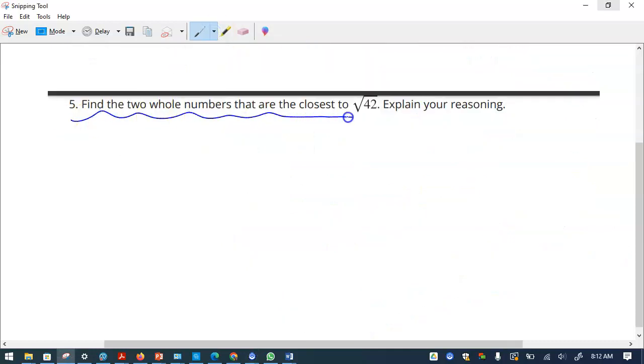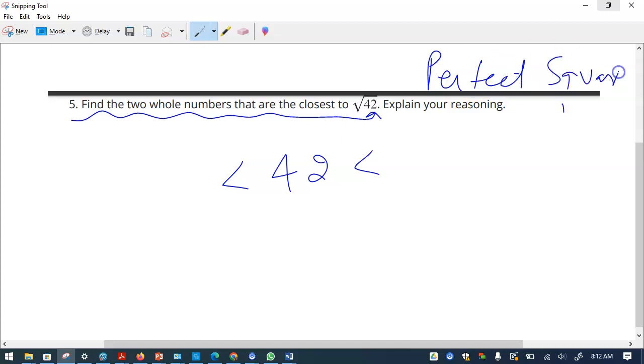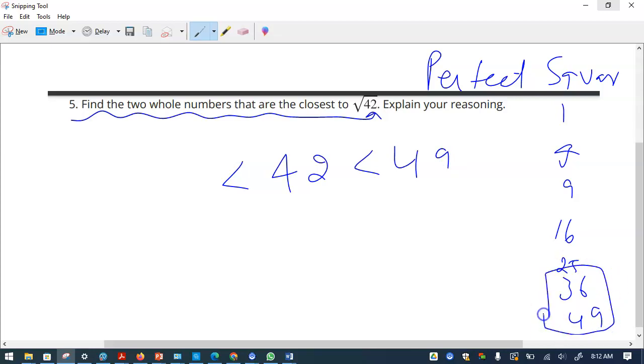Find the two whole numbers that are close to square root of 42. Remember, 42 is between two perfect squares. So which are the perfect squares? The perfect squares are 1, 4, 9, 16, 25, 36, 49. And you can see 42 is between 36 and 49.